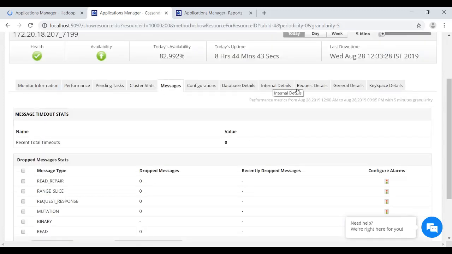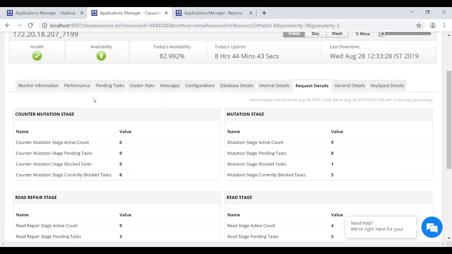The request details is a very important tab which has a lot of data to the granular level. Right here we see for a particular request the amount of stages it has to cross within the Cassandra database for it to get processed.